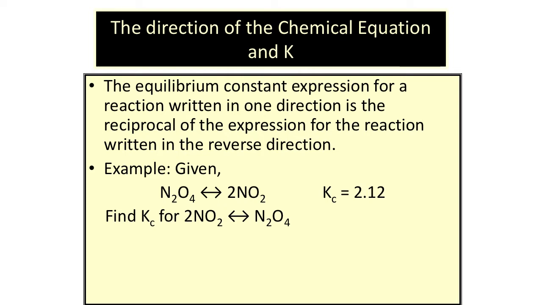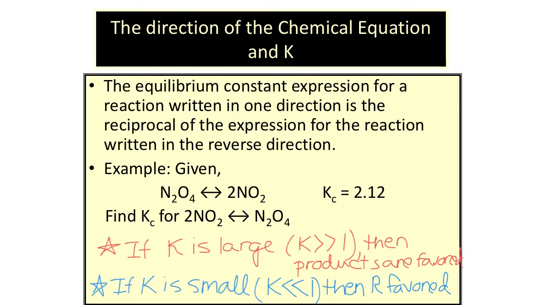So first off, in the previous video, our last slide talked about the value of K and what that told us about the direction of the equilibrium, so if the forward or the reverse reaction was favored. So we're just going to review that real quick.